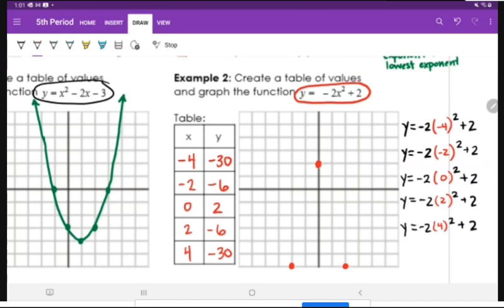So this one, if we connect our points from left to right, it looks like our curve kind of goes like this. Now remember to put arrows at the bottoms of these on both sides because these keep going. They don't just stop at the end of our graph. They keep going down. We just couldn't fit it on our page.